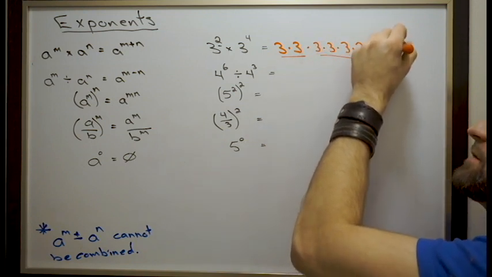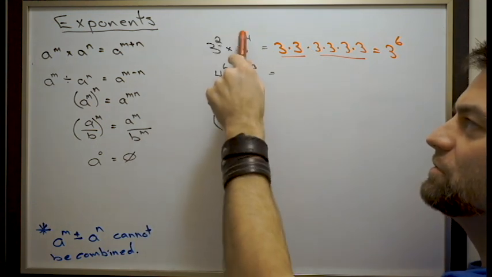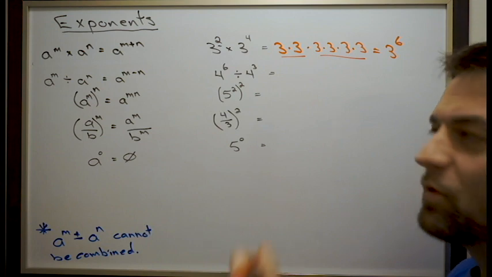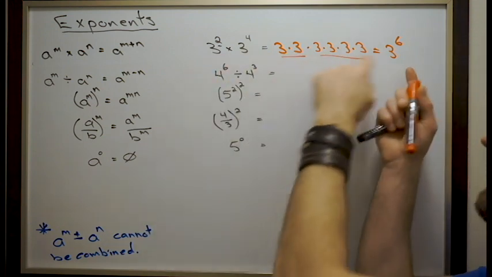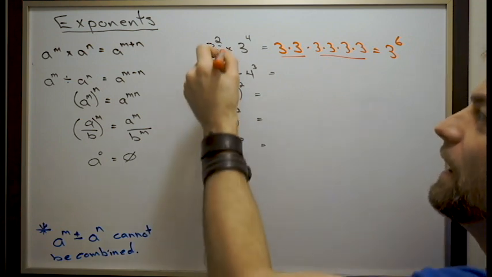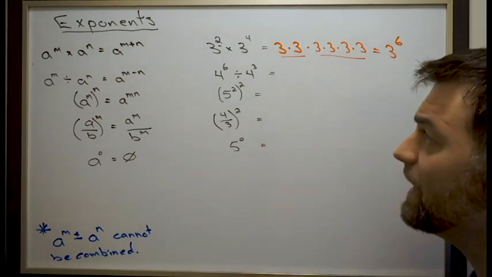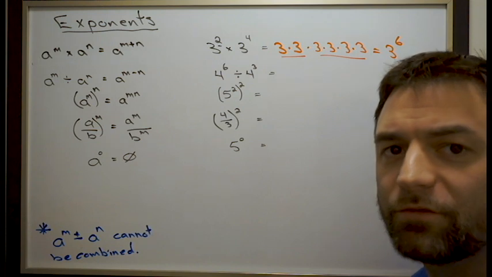That is the same as 3 to the 6, which is 2 plus 4 in the exponent. So when we're multiplying the exponents, it works out very well like that. And we can simplify that down, and it works the same whether we're using numbers here or letters.